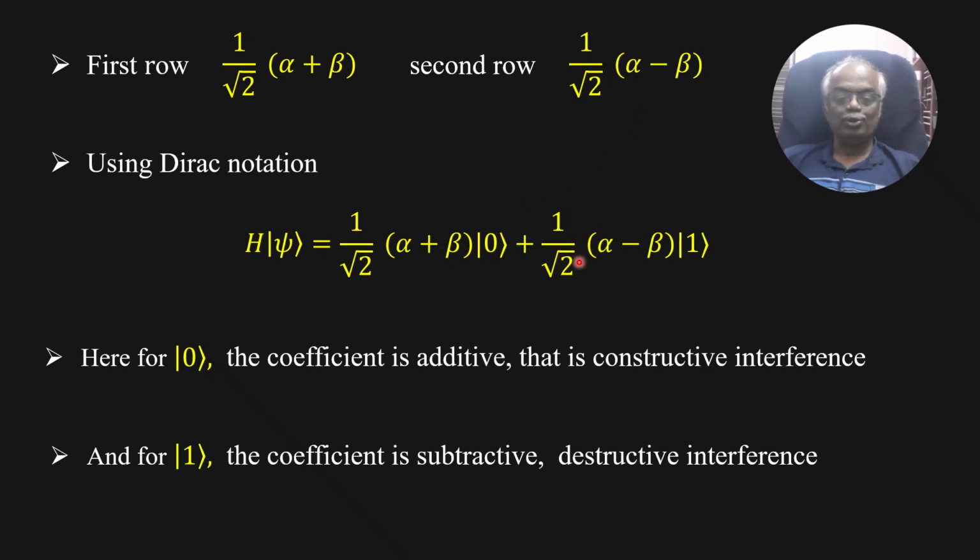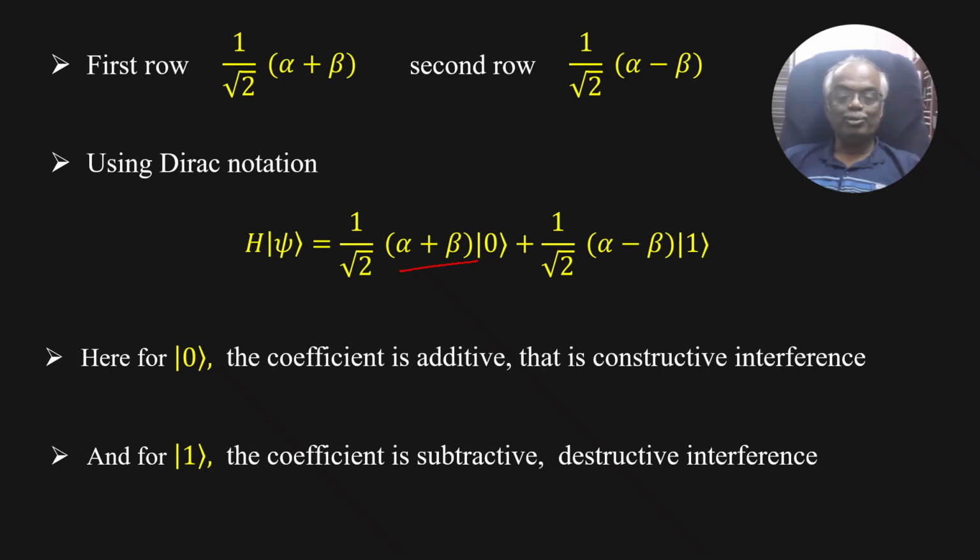Here it's a very interesting phenomenon: for ket 0, the coefficient is additive. If you add alpha and beta, you will get the coefficient. That is constructive interference. That is very important. This interference is a constructive one.